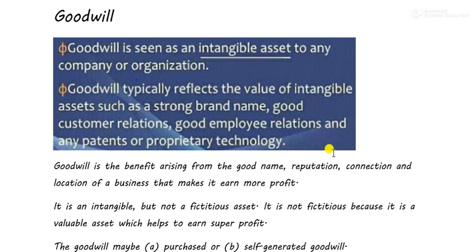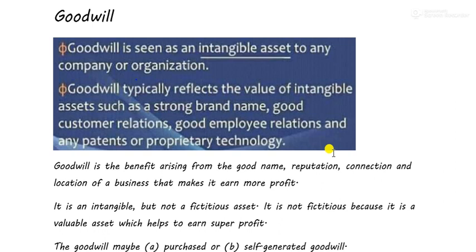The name Arsalan is enough to attract the customers. So any organization whose name is well known among the people and its name is enough to attract the customers, that attribute, that feature is known as goodwill of a business. And goodwill is an asset of the company, and there are methods to calculate the value of goodwill.